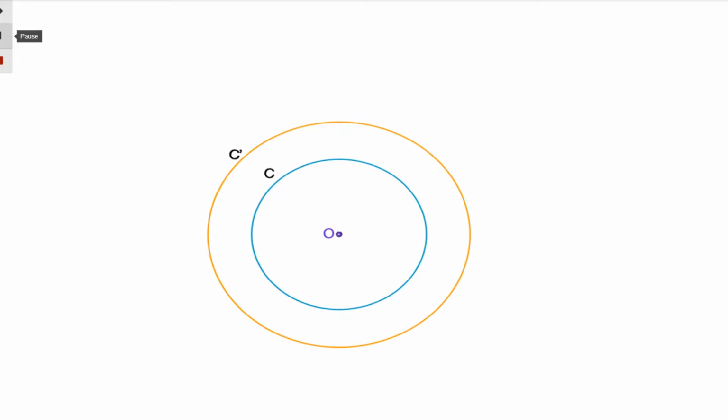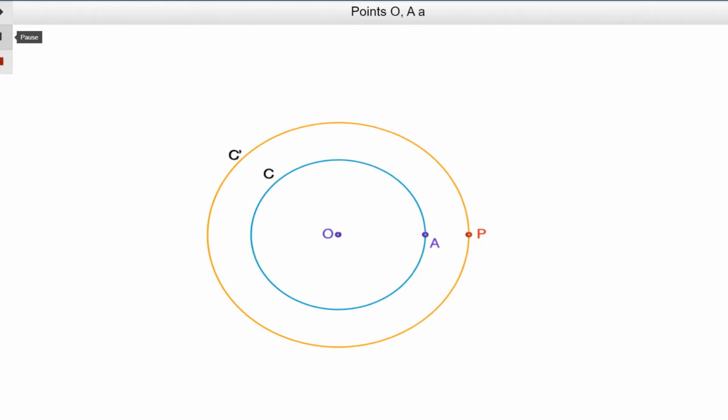Now from a point on the concentric circle C dash, we have to draw a pair of tangents to the circle C. So take point A on circle C, and take a point P on the C dash circle, and it should be on a straight line OAP. Points O, A and P are in a straight line. And with point P we have to draw tangents to circle C.